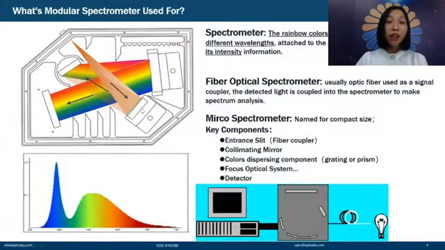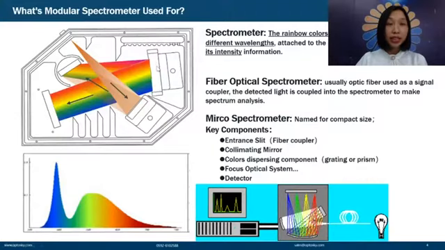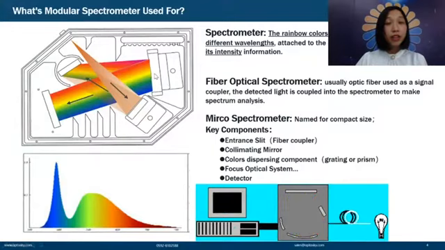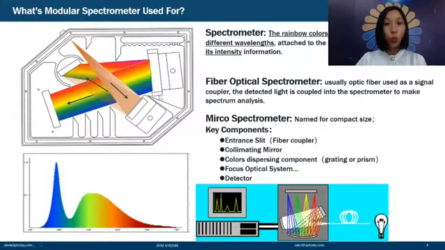The grating disperses the light to here, where this focus mirror focuses the dispersed light onto the detector. The detector transforms the optical signals into electrical signals. So this is the general principle of how modular spectrometers work.